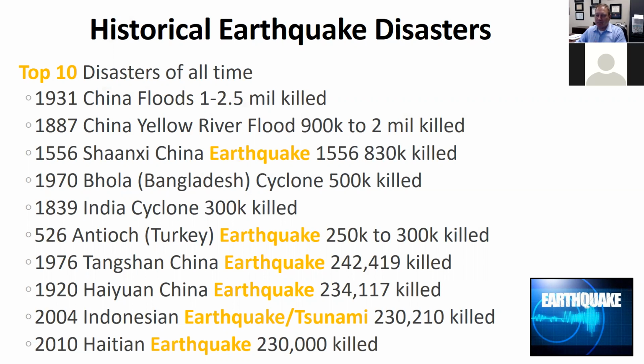Turkey, 15 centuries ago. But China in 1976, China in 1920, Indonesia in 2004, and the 2010 Haitian earthquake. And again, I've got several other historical earthquakes to remind us of just how catastrophic things can be.